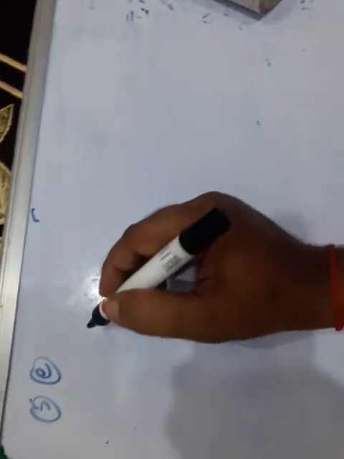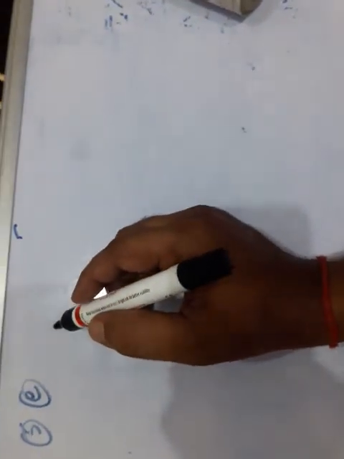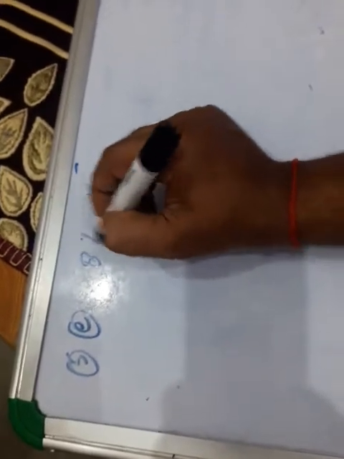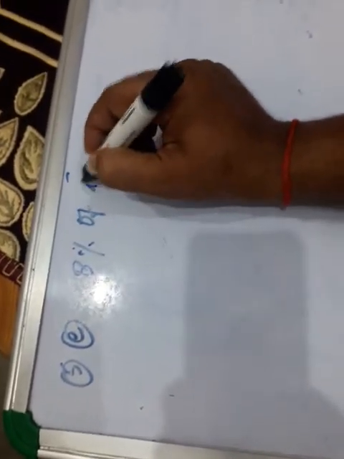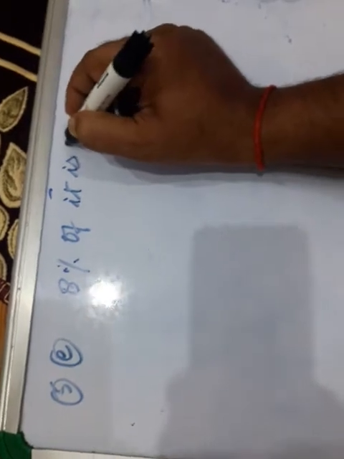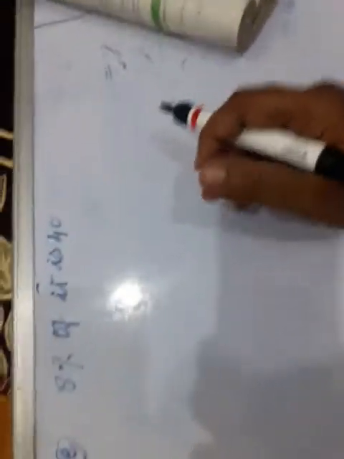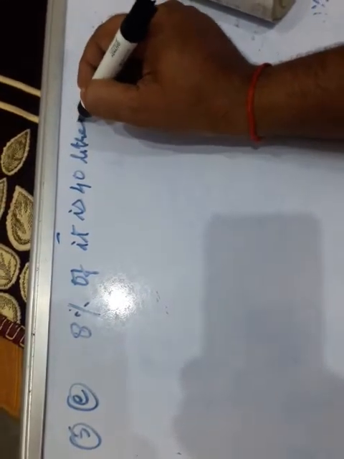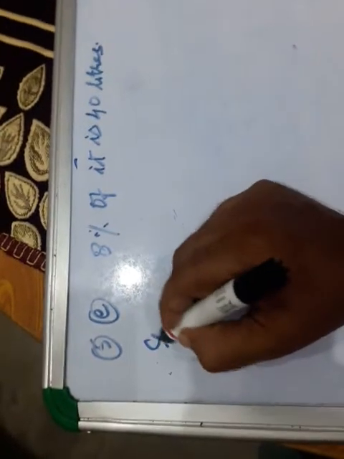What is this? 8% of it is 40 liters. So start the solution.